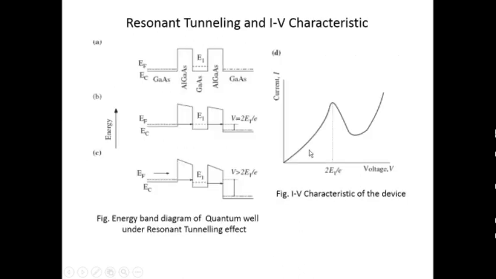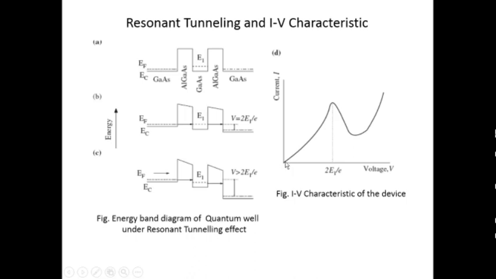See here, when the voltage is increased, the incident energy is impinging on the tunneling barriers here. When resonant tunneling occurs, the applied incident energy will be almost equal to the quantized energy level. At that condition, the voltage increases to a value 2E1 by E, and the transmission coefficient of the quantum well will be almost unity.